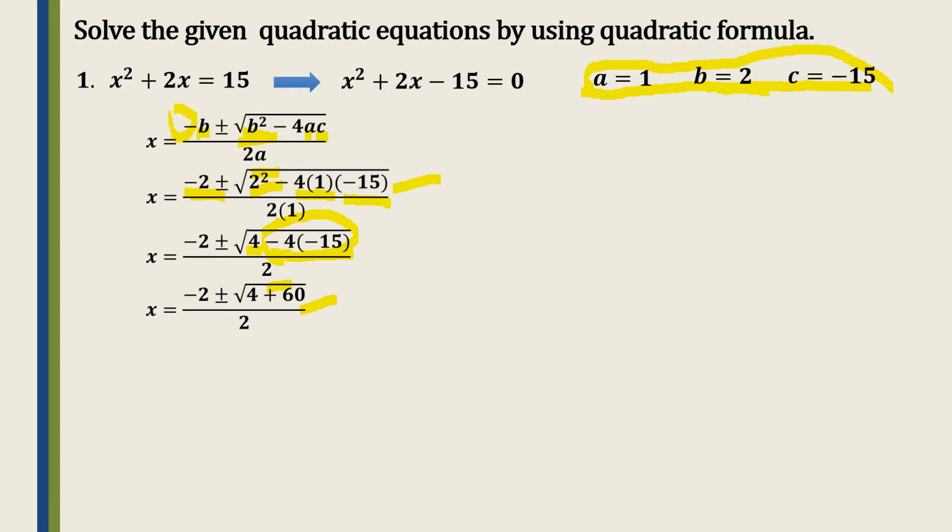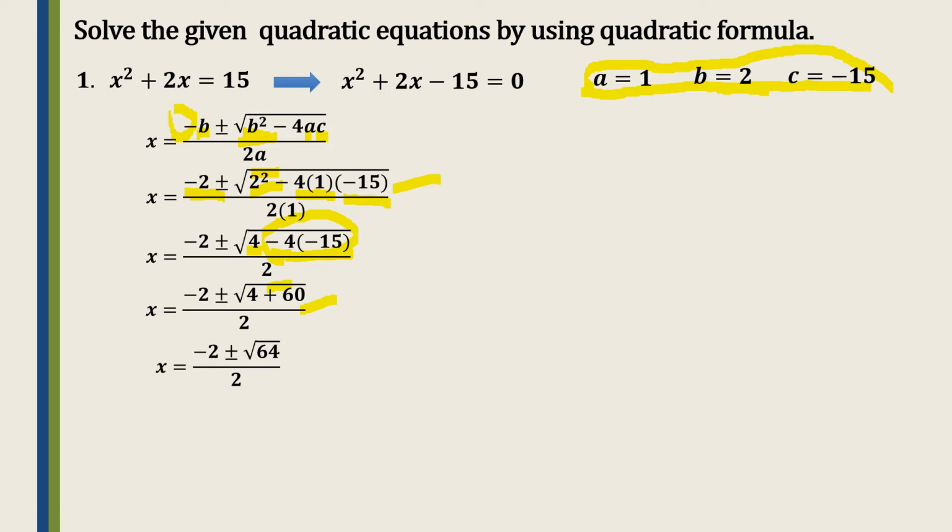Kaya, plus 60 ang isinulat sa loob ng radical sign. Again, all over 2. Next, x equals negative 2 plus minus the square root of 64 all over 2.